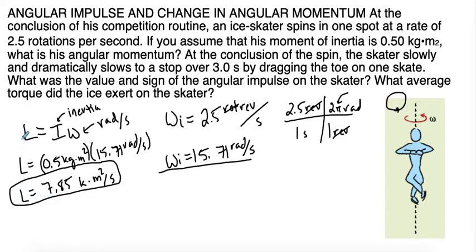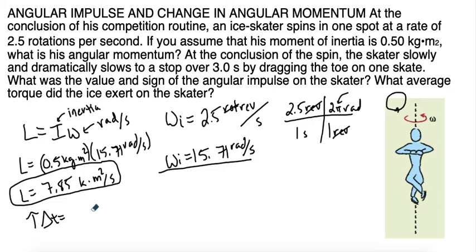So next, the skater puts their toe on the ground and slows to a stop. So we're looking for that impulse. Remember, impulse is torque times change in time, which equals my moment of inertia times change in angular velocity here.